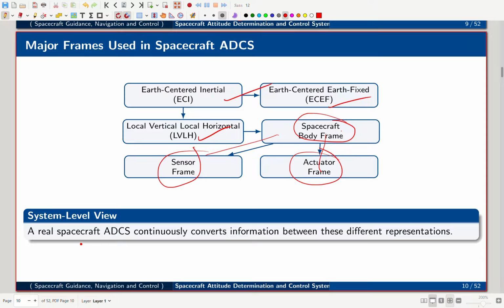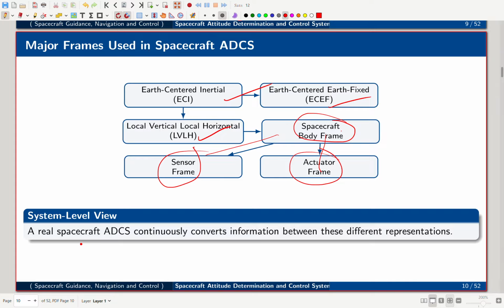So from a system level view, a real spacecraft ADCS continuously converts information between these different representations. That's very important for taking further decisions, how the internal computation is needed, and how this computation gets corrected and decisions are taken accordingly, once all transformations take place correctly in all the different frames.